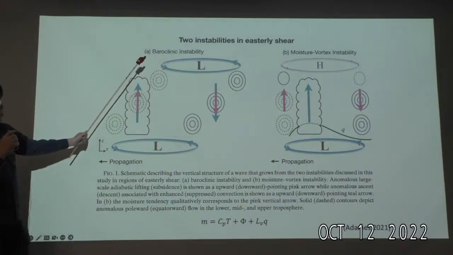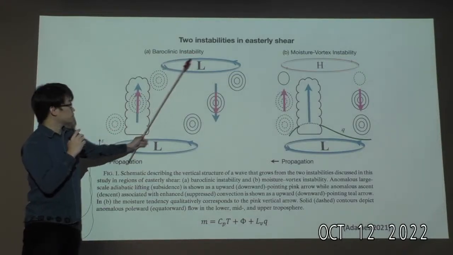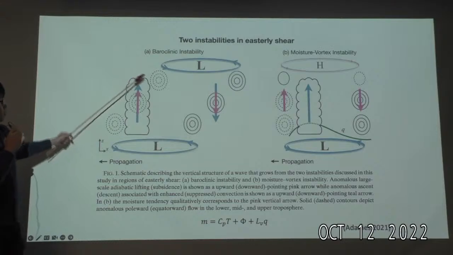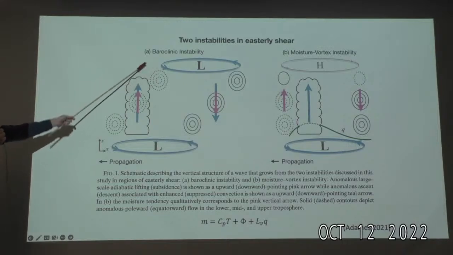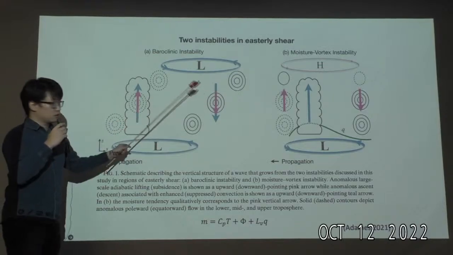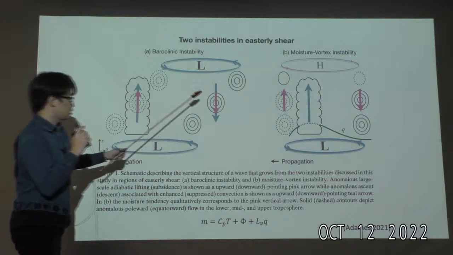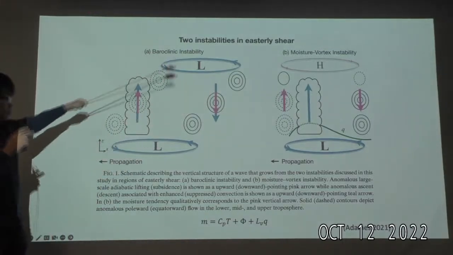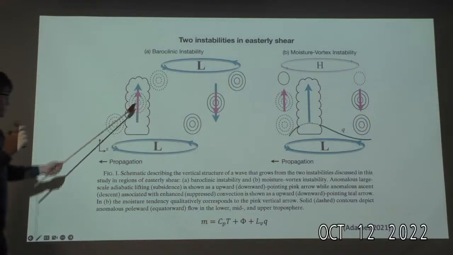And you can see it's vertically eastward tilted. And these dashed contours mean the northerly flows. The flows come from the north, and these contours represent the flow from the south. So if you look from top to bottom, it's a cyclonic flow.